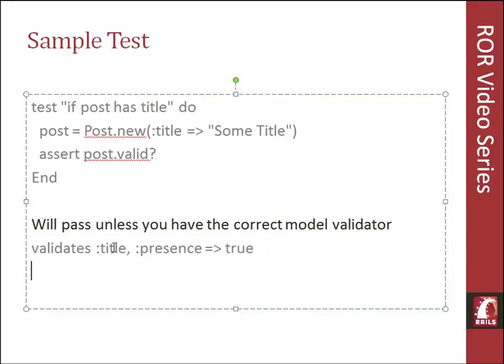You want the title to validate that it's required, so presence is true. If you have this in your post model and you write this test, it'll fail because the title is not there. If you put something in there, then it's going to pass. And that's just a very simple test.